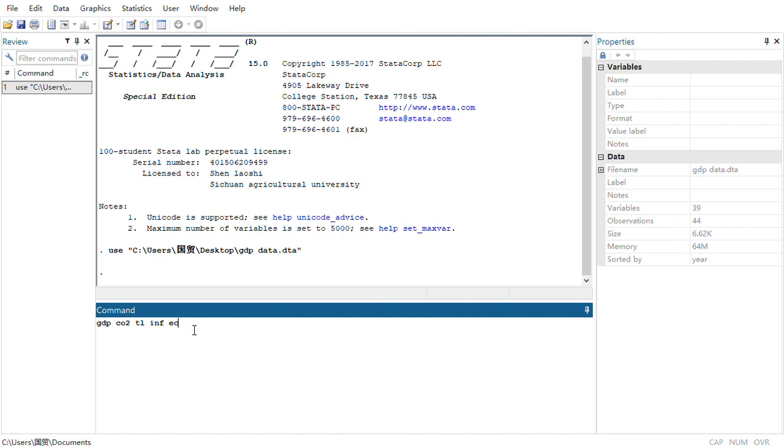So in these models we are going to use the ordinary least squares model, OLS. So this is gross domestic product, carbon emission, trade liberalization, inflation rate, and energy consumption.